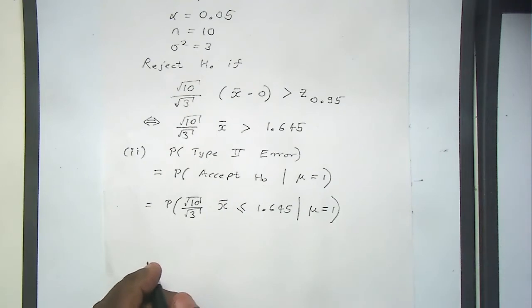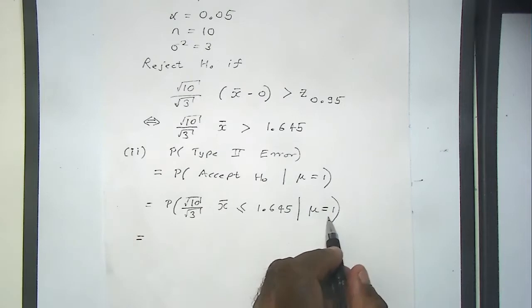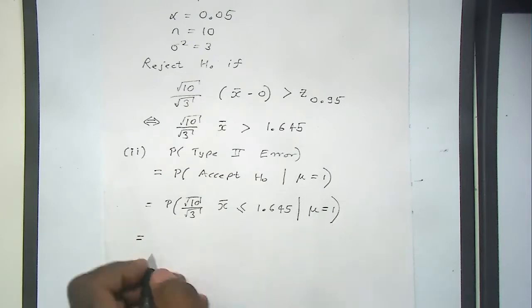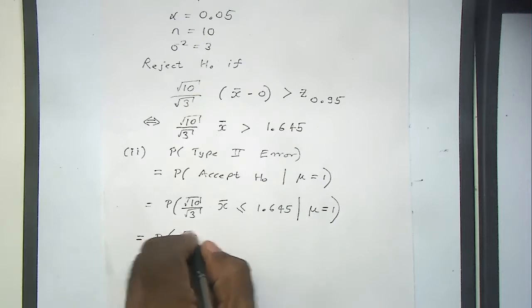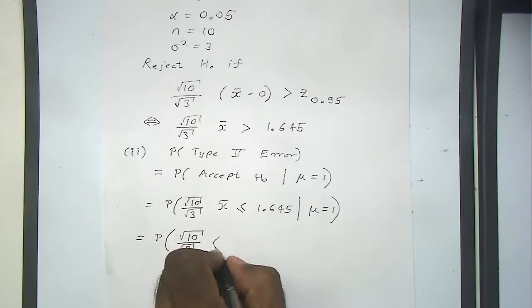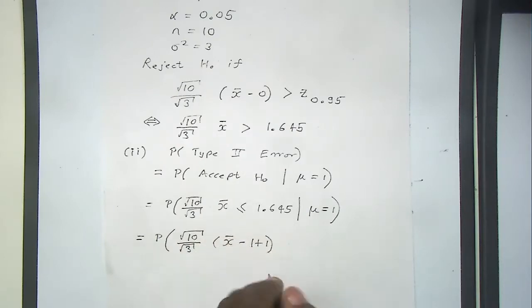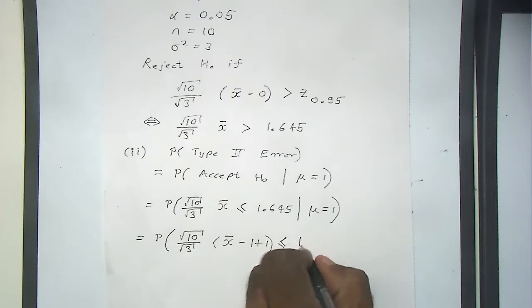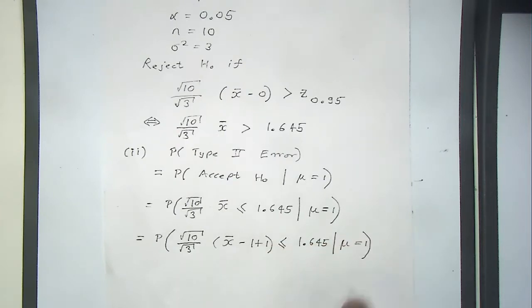Okay, guys. Right, now this is where, because the true population mean now is 1 and it's not 0, this is where you need to do the following trick. You will need to do this. Right?